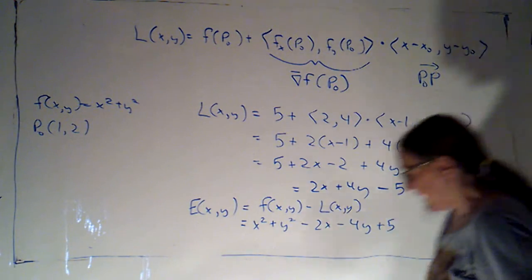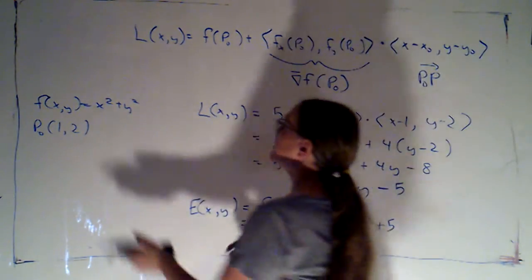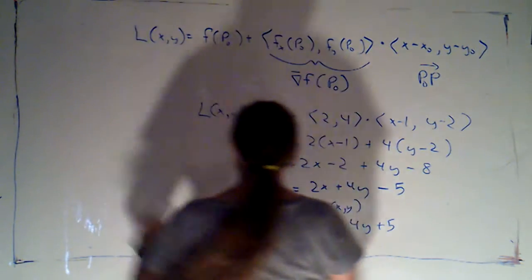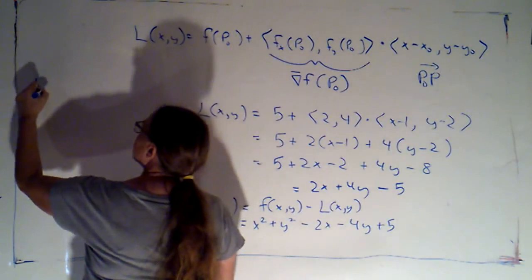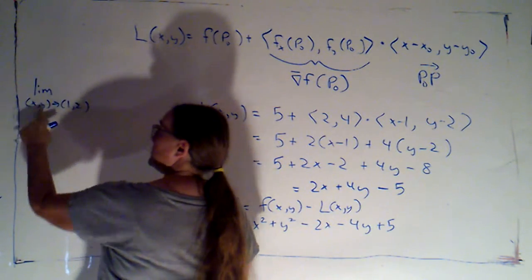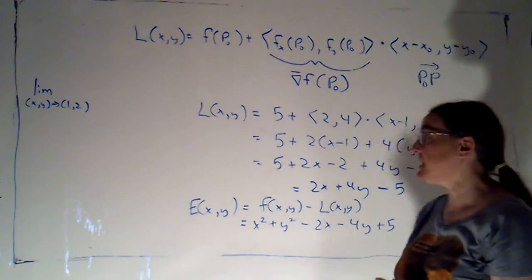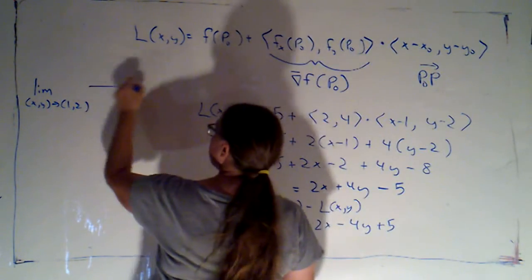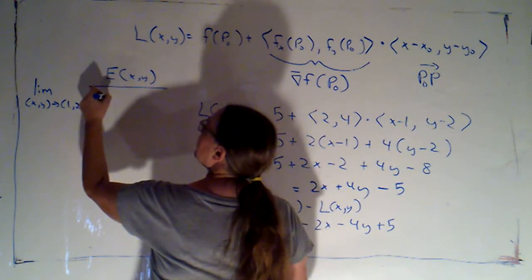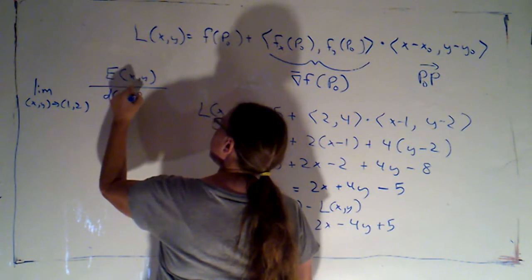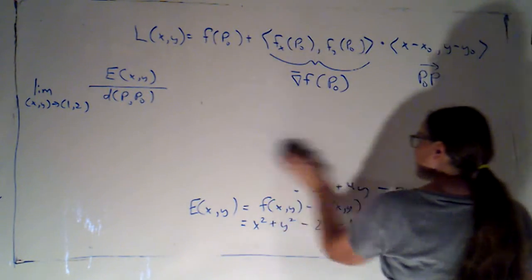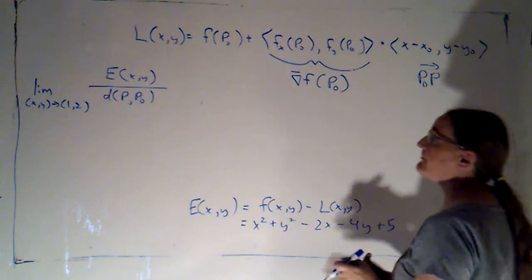Now what I want to do is evaluate the limit as (x, y) approaches (1, 2), as an arbitrary point approaches p naught, of this fraction: e of (x, y) on top, and on the bottom the distance between p and p naught. I've just come up with a formula for what I have on top.